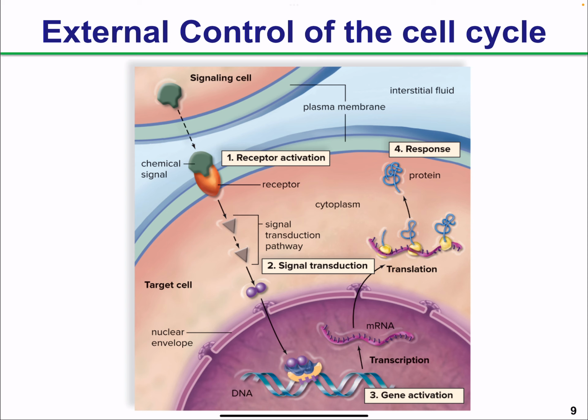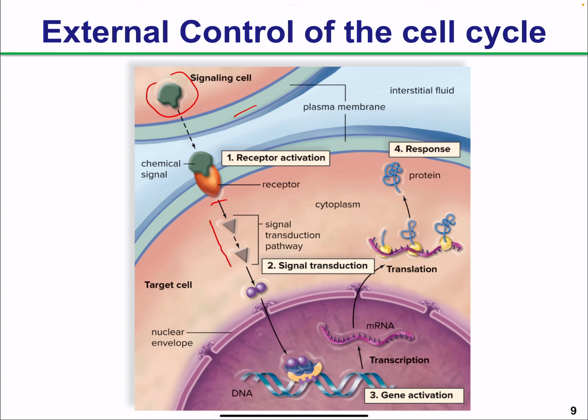So you have one cell that we're going to call cell A. It's going to release a chemical that we call a signaling molecule. That signaling molecule is going to bind on a receptor. Upon binding of the signaling molecule, that receptor is going to be activated and is going to stimulate a cascade of events inside of the cell that we call the signal transduction pathway.